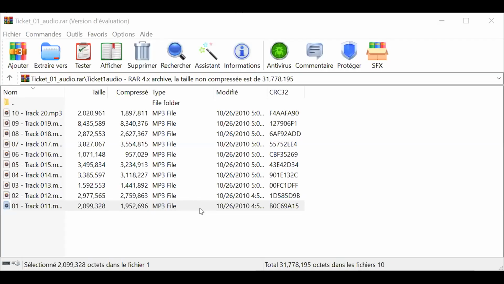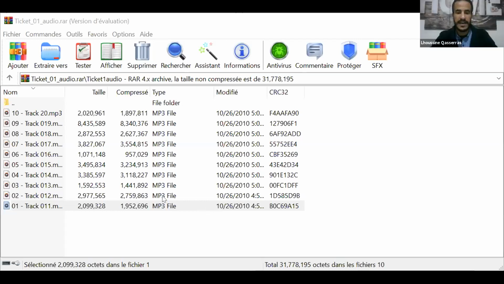Okay, just 1 second. Good. So question number 1, listen carefully and complete this table. Is it clear? Yes? 5 minutes in pairs.